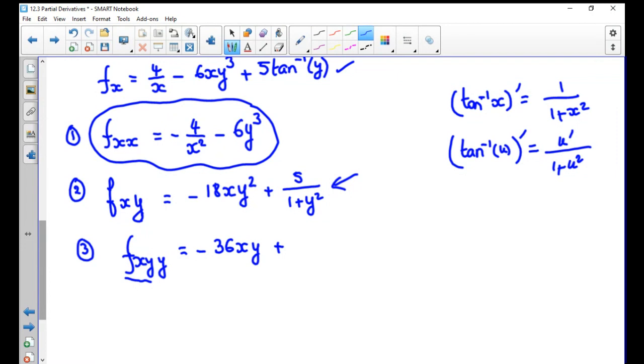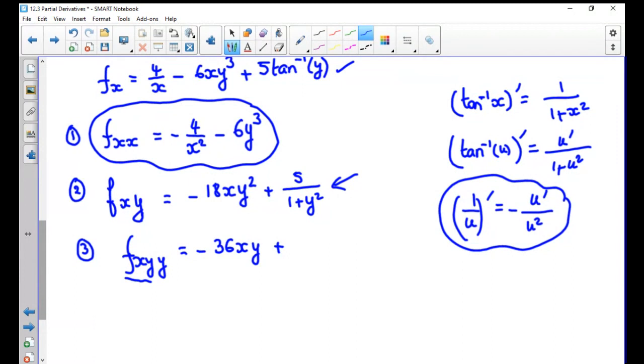You can use the quotient rule. You can also use that in general, if you have something like 1 over u and you want to differentiate it, it's actually minus u dash over u squared. You can use this rule here if you want. Or you can use the quotient rule, but let me use this.